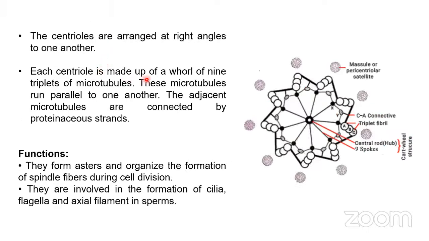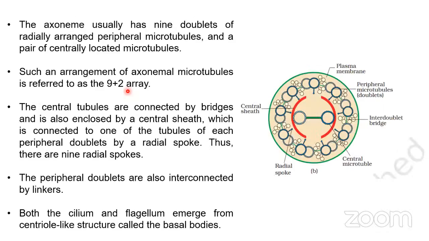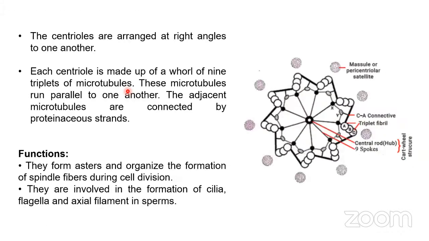Each centriole is made up of a wall of 9 triplets of microtubules. Just like we studied the arrangement of microtubules in cilia and flagella, similarly these microtubules are arranged in a wall of 9 triplets of microtubules, or cartwheel structure, in the case of centrioles.